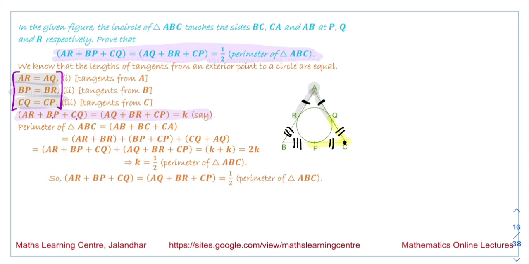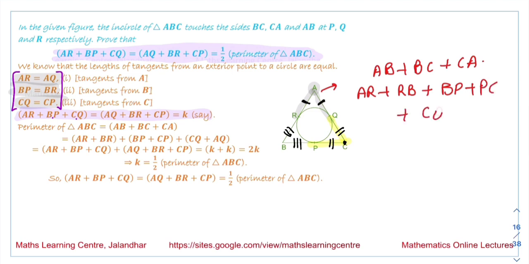Now if we have to calculate the perimeter of this triangle, it is AB plus BC plus CA. AB we can write as AR plus RB, BC as BP plus PC, and CA as CQ plus QA.